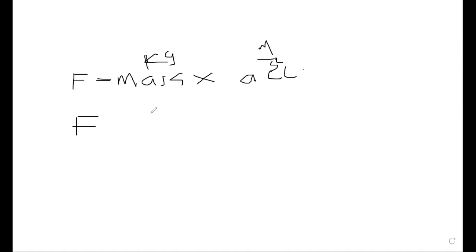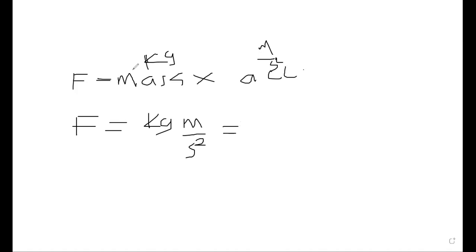Our force unit is kilogram, and that of acceleration is meters per second square. We are going to change this to dimensions.